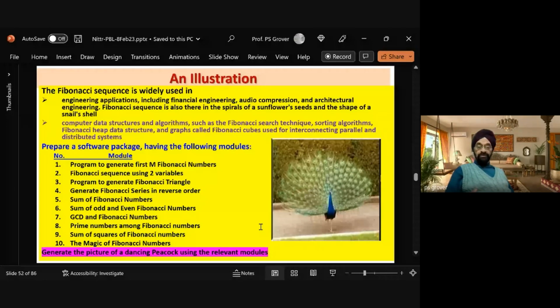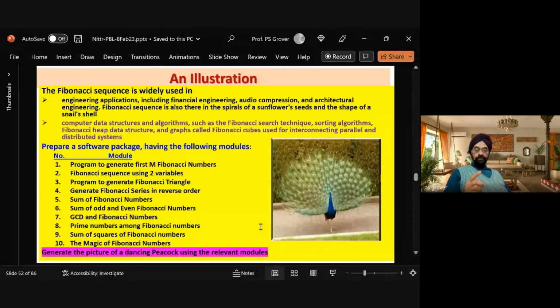Now, I want to give you an example of how the project that you are already doing can be modified on the pattern of product-based learning. I want the student to not only calculate the Fibonacci series, I want the student to prepare a software package having the following characteristics.